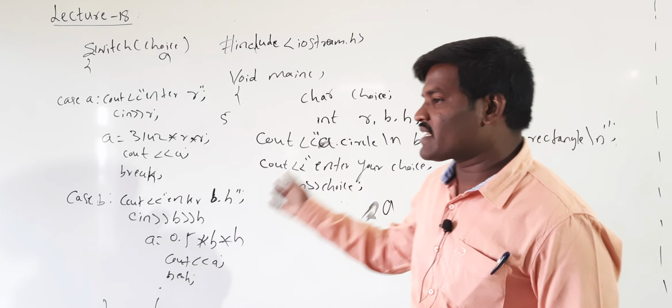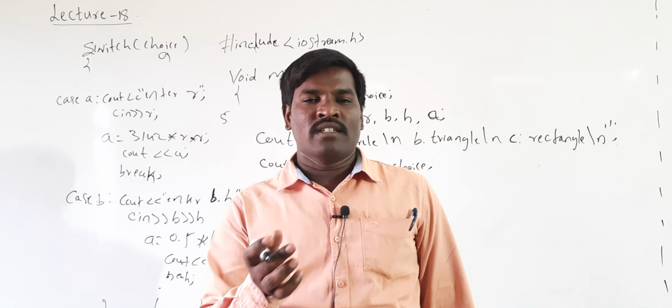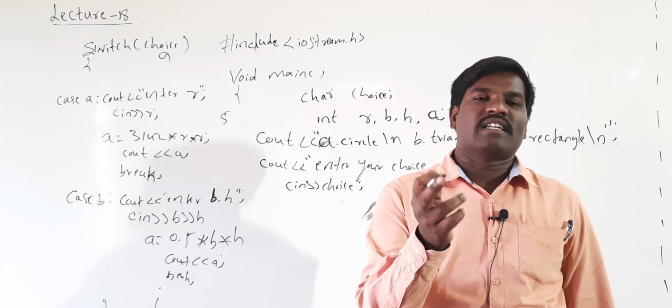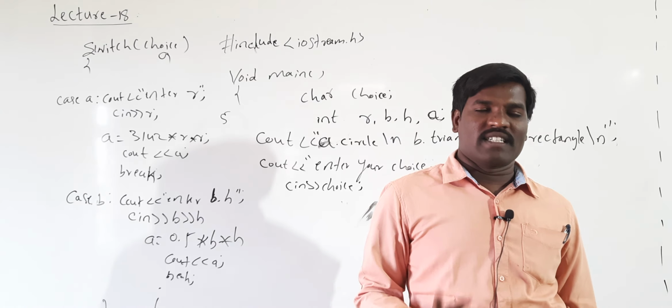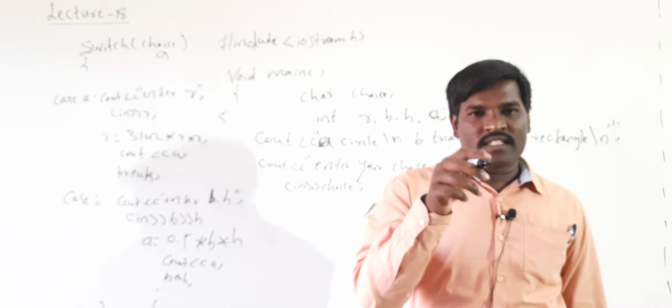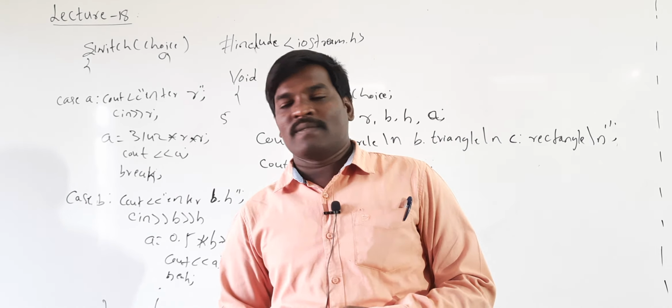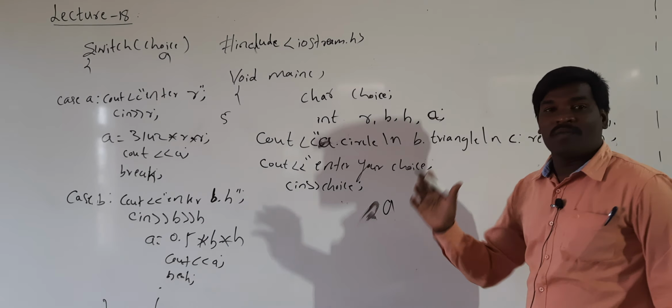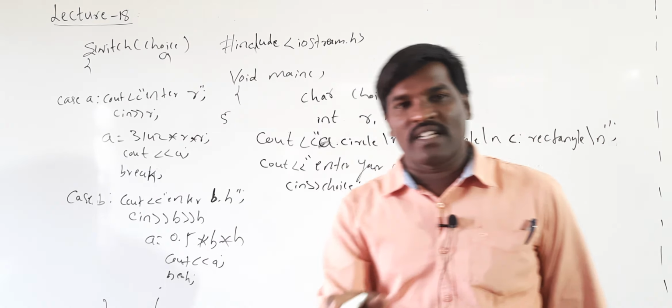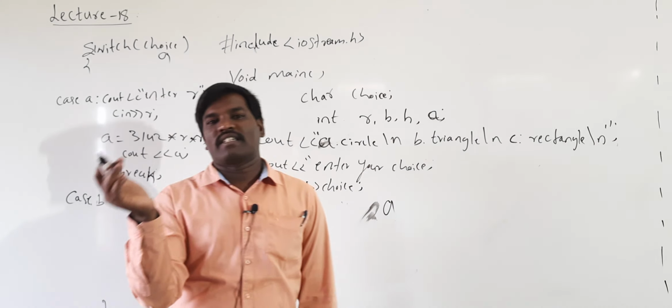Okay, so this example can also be written in if, else if, then else statement, but the only difference is in if, else if and else, if you want to perform the third operation, first it will check the first one, second one, after that it will check the third one.